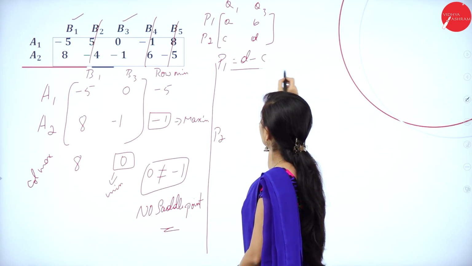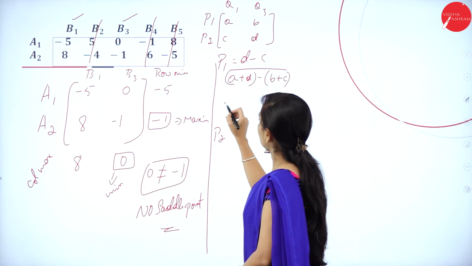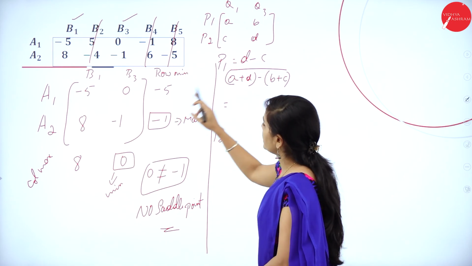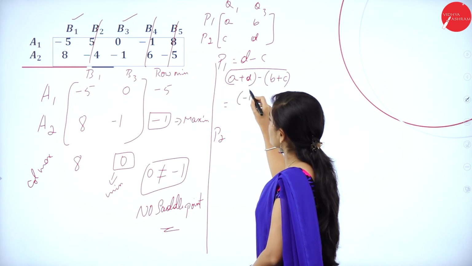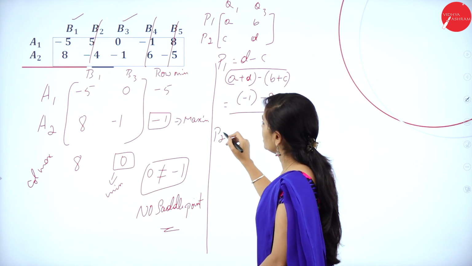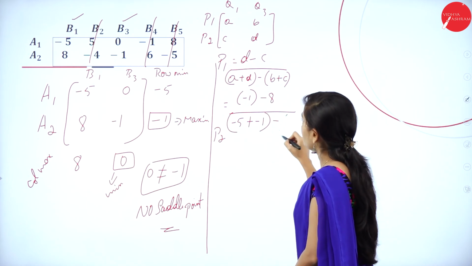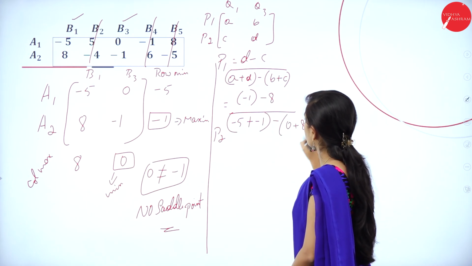D minus C over A plus D minus B plus C. So the D value is minus 1, C value is 8, A value is minus 5, B value is 0, C value is 8.